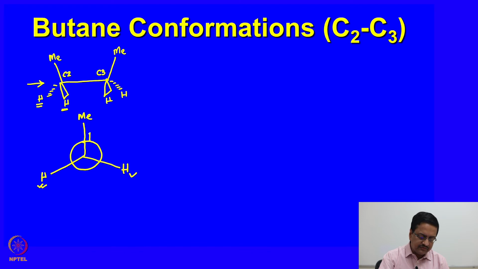Similarly, for the back carbon, I am drawing the methyl group, the other two hydrogens which are back to back. So this is called the fully eclipsed conformation or totally eclipsed conformation.